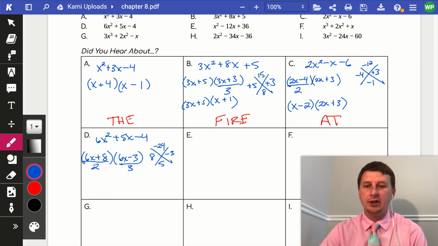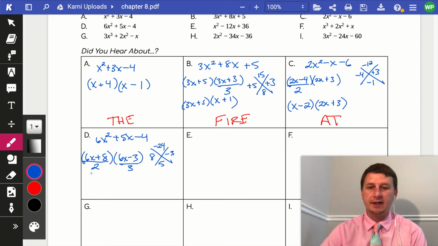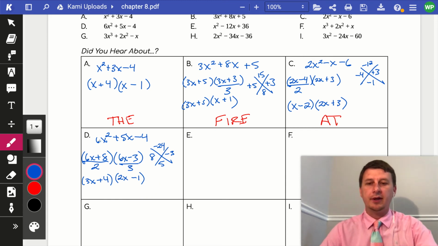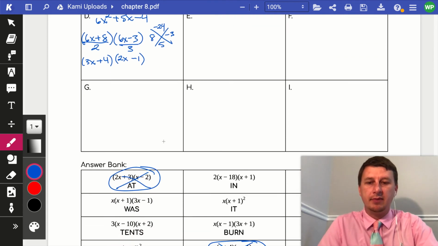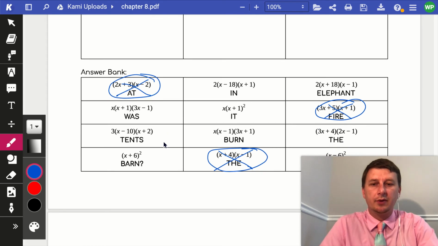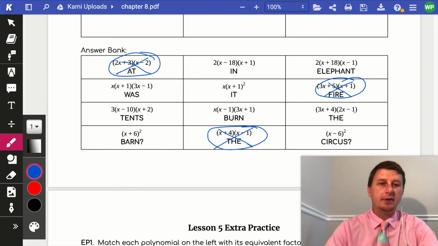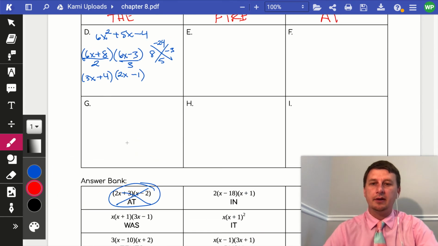And when we divide by 2 and then by 3, that's the same thing as dividing one of them by 6. So we have 6x divided by 2 is 3x. 8 divided by 2 is 4. 6x divided by 3 is 2x. And -3 divided by 3 is -1. So I'm looking for 3x plus 4 and 2x minus 1, right here. That's the word "the." So I'm going to go up here and write "the."